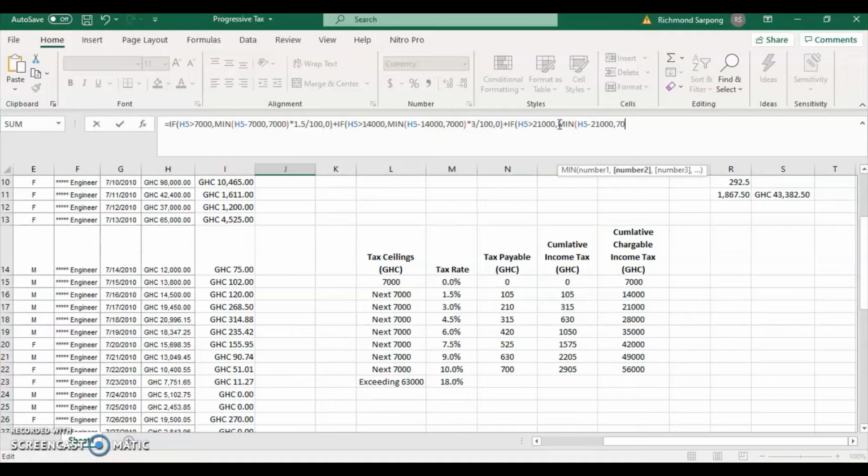If the minimum value is 7,000, then so I'm using this AND and that AND, then it should multiply by 4.5.